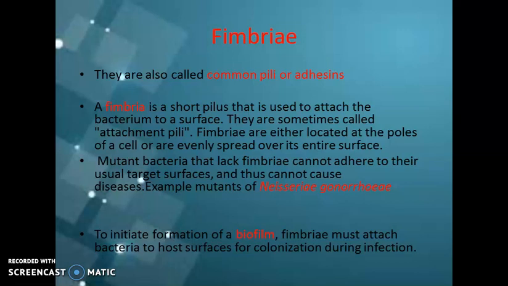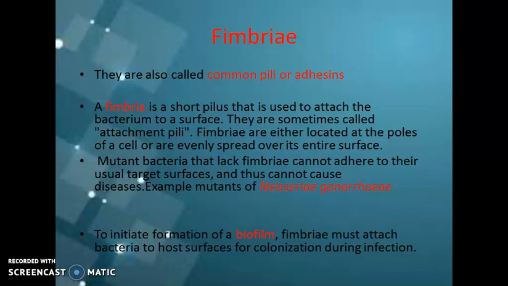And there are certain mutant bacteria that lack the Fimbria. The function of Fimbria is attachment. Those mutant bacteria which lack Fimbria as a result of the mutation cannot adhere to the usual target surface.